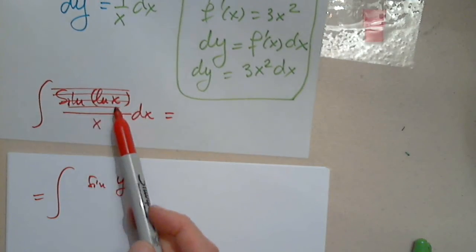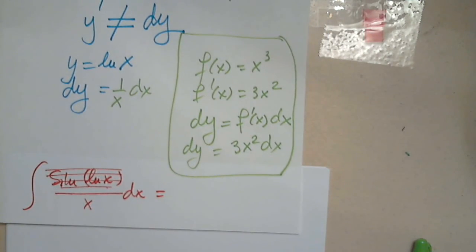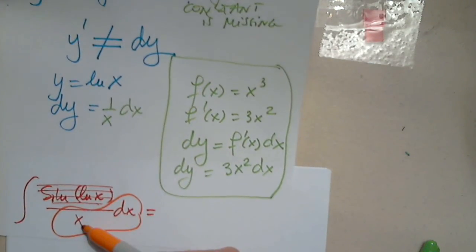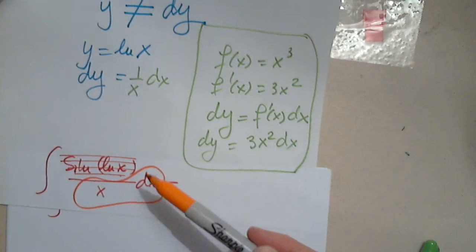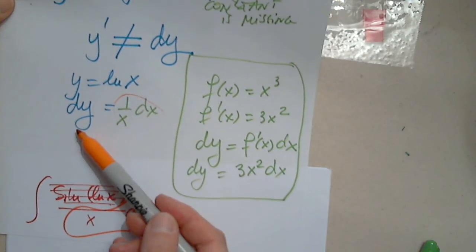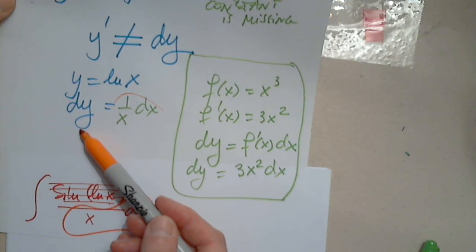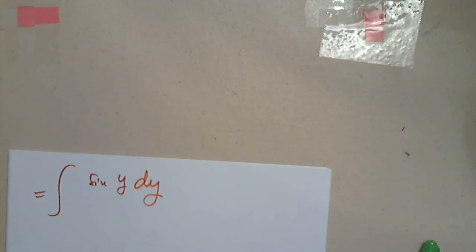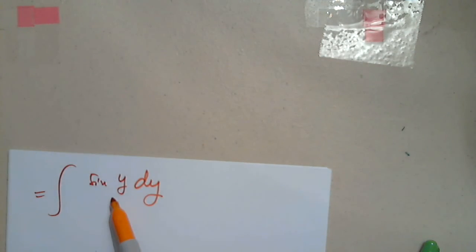So now this is sine y. And now I have this piece, dx over x, or 1 over x times dx, which represents what? dy. So from something ugly, I got this.